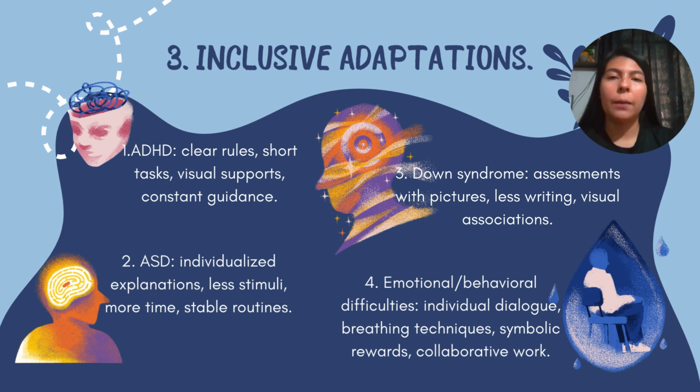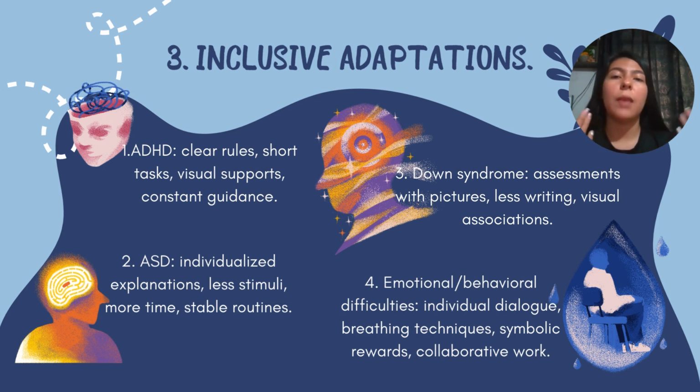Okay, in inclusive adaptation, number one is for students with ADHD. I use short, focused tasks and break assessments into smaller parts. I also include visual reminders and often constant, gentle supervision to redirect their attention when needed.